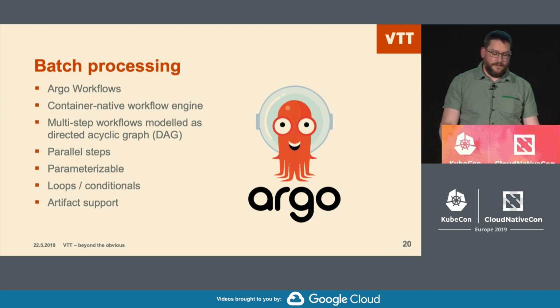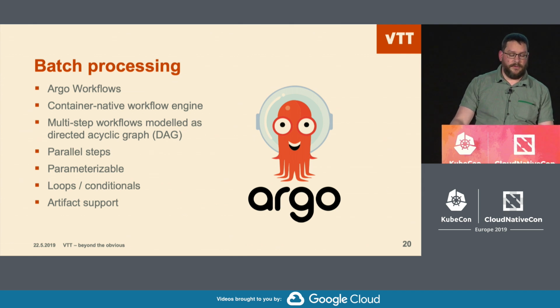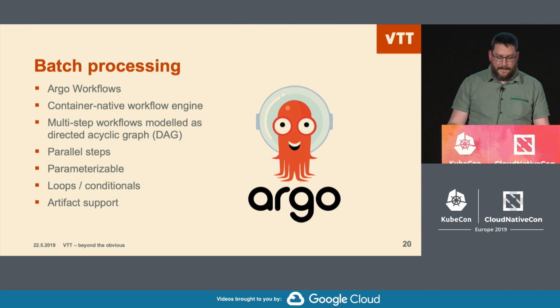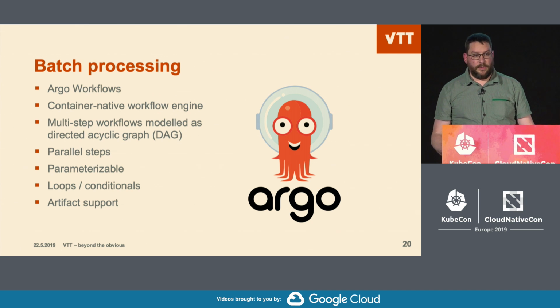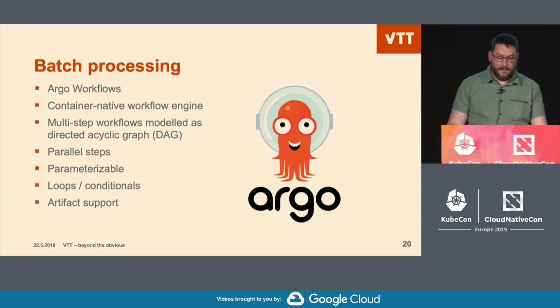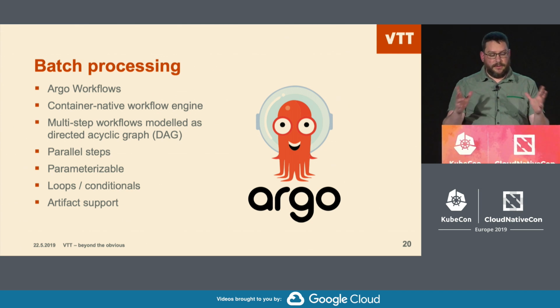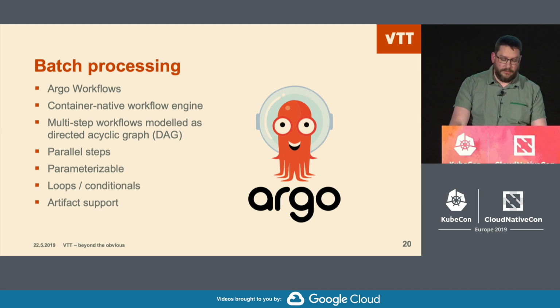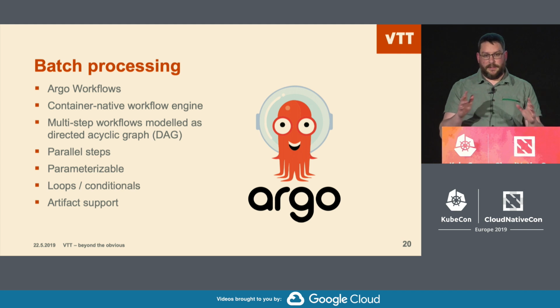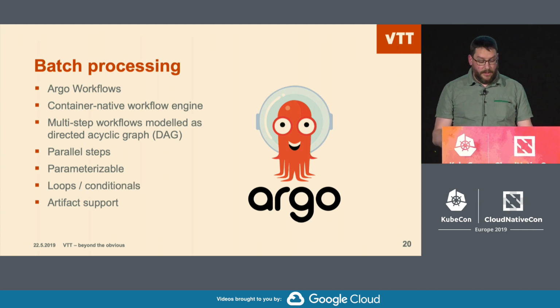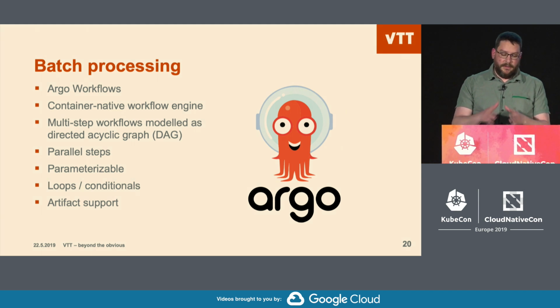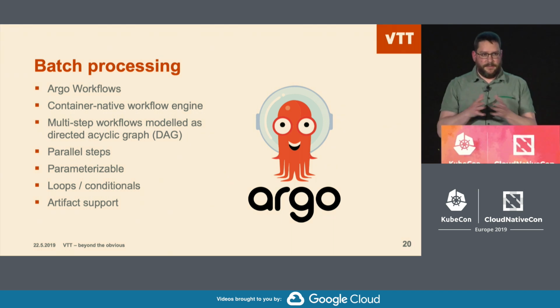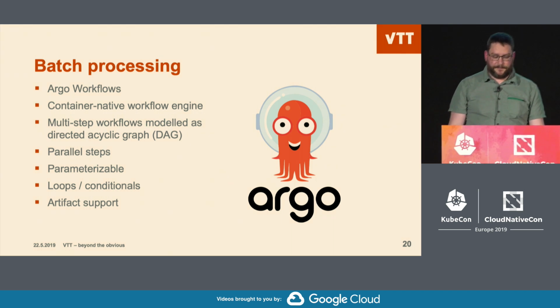So Argo is a workflow engine for batch processing. It's totally based on containers, so it's container native. You can create multi-step workflows as long as you define them as a directed acyclic graph. It understands which steps can be executed in parallel.